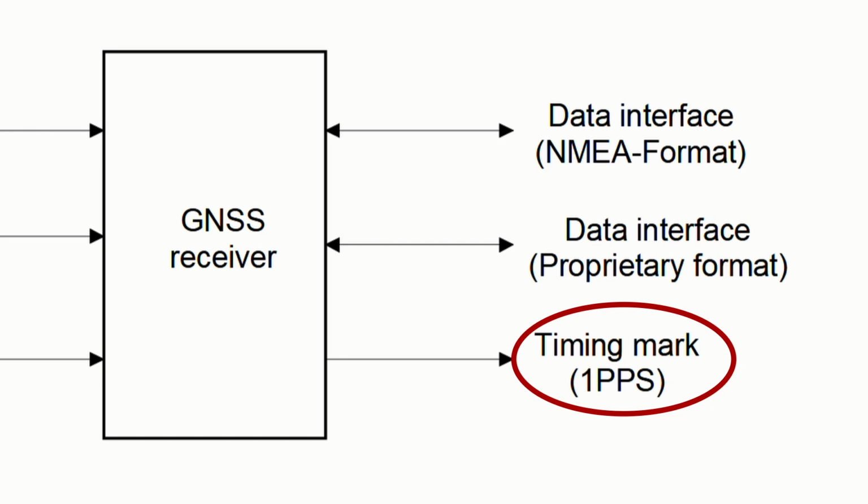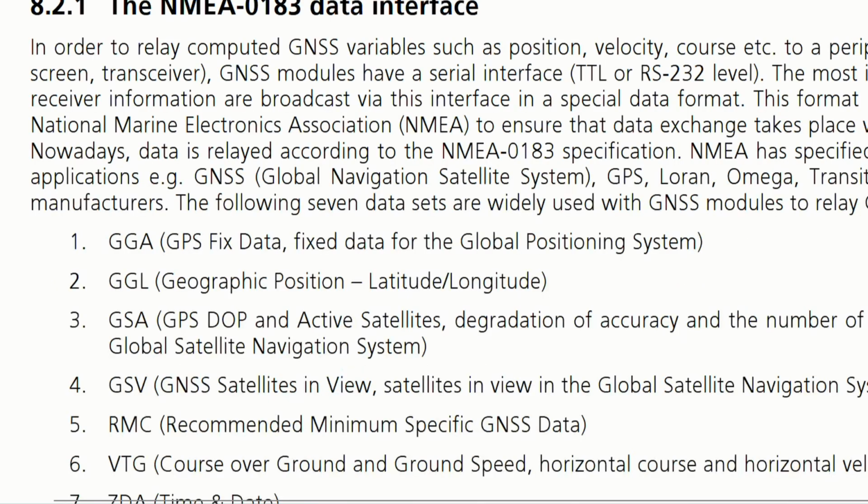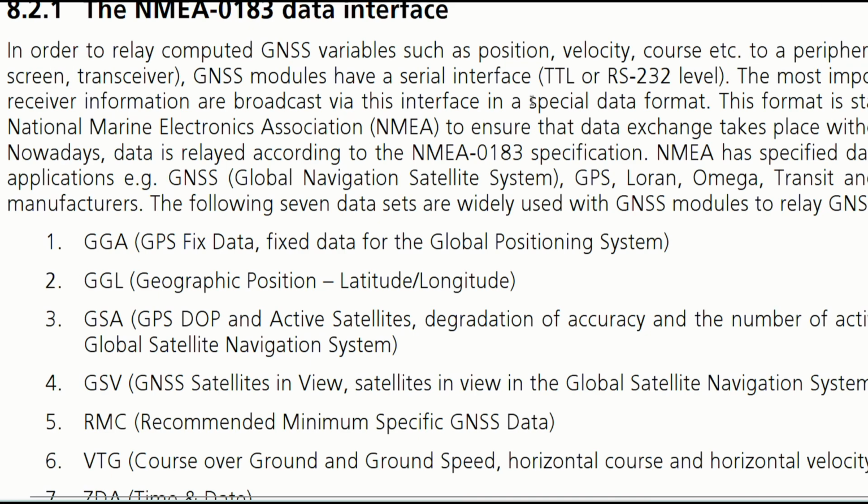And of course, we also have the highly precise 1 PPS signal, 1 pulse per second. This is a critical output from the GPS receiver as it generates a pulse that is synchronized with accurate GPS time. This pulse is ensured to be accurate even after accounting for any potential timing drift between the receiver's internal clock and the true GPS time.